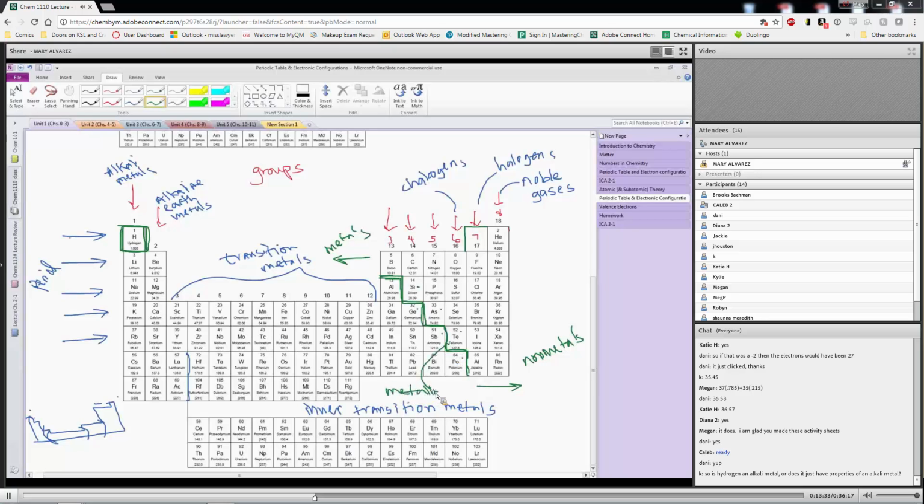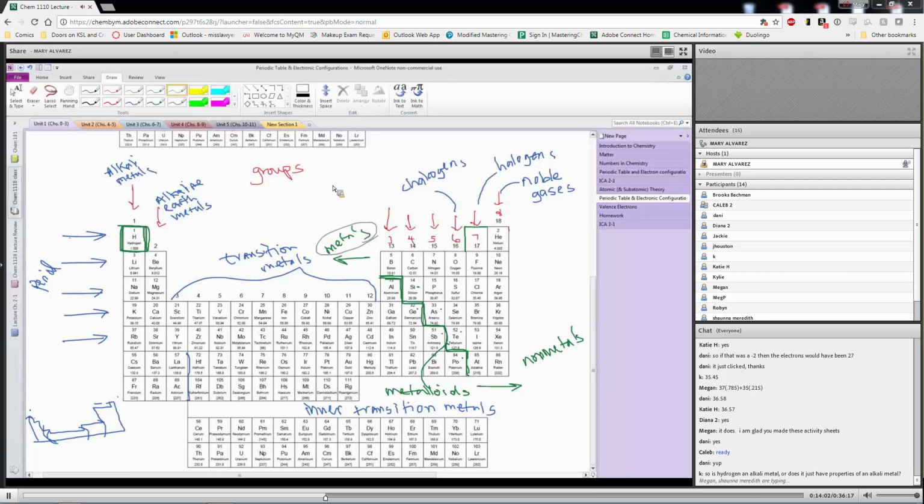So what do we mean by metal and non-metal? What are the properties of metals versus the properties of non-metals? Why would we even care? Tell me about metals. What do you guys think of when you look at a metal?